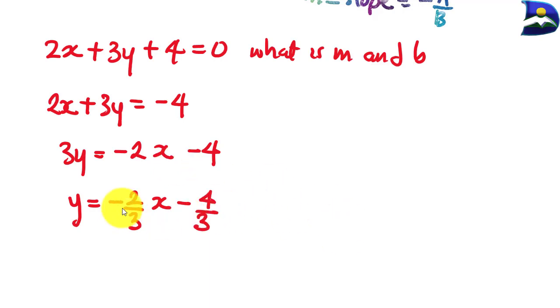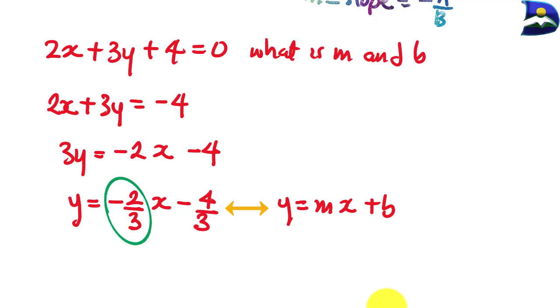Once we have this expressed this way, we can come up with our final conclusion. Comparing with y equals mx plus b, negative 2 over 3 is aligned with the coefficient of x, so m is equal to negative 2 over 3.